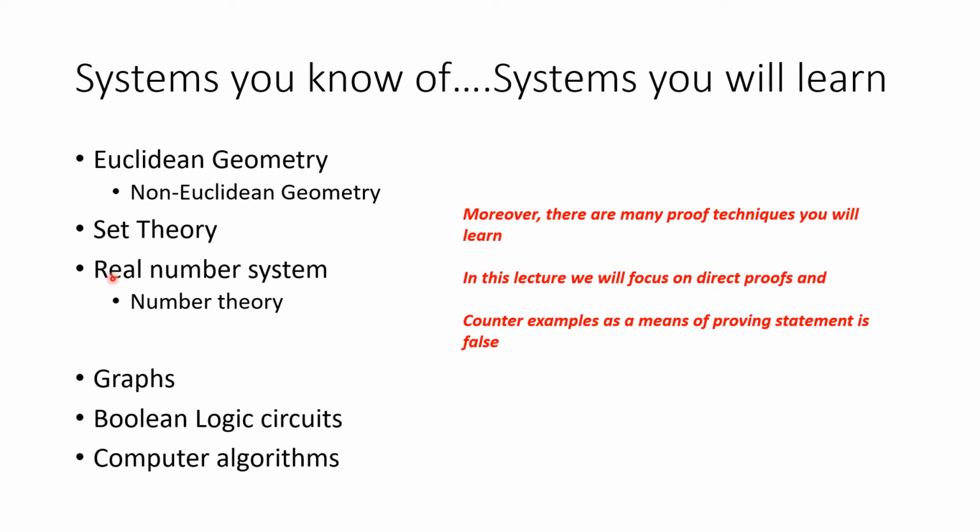There are other systems that you will learn in this course about graph theory or graphs, Boolean logic circuits, and computer algorithms. Moreover, there are many proof techniques that you will learn, and that's something we're focusing on in this chapter. In this lecture, we will focus on direct proofs and counterexamples as a means of proving a statement is false.